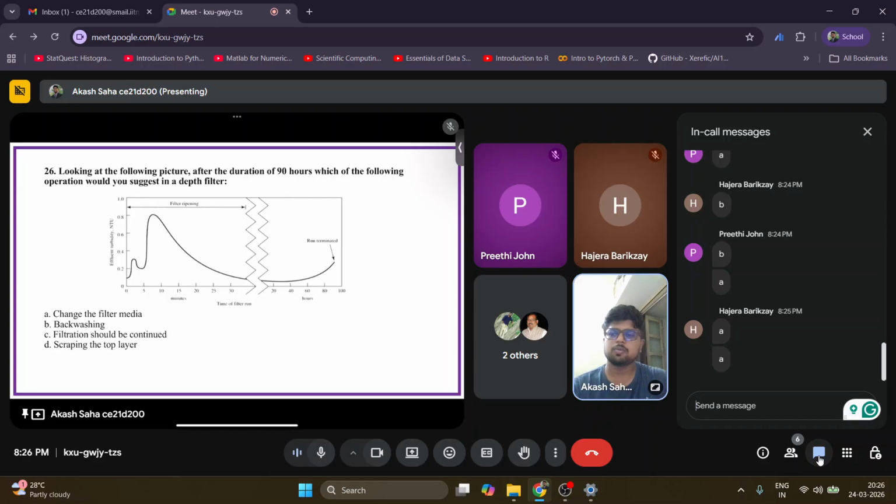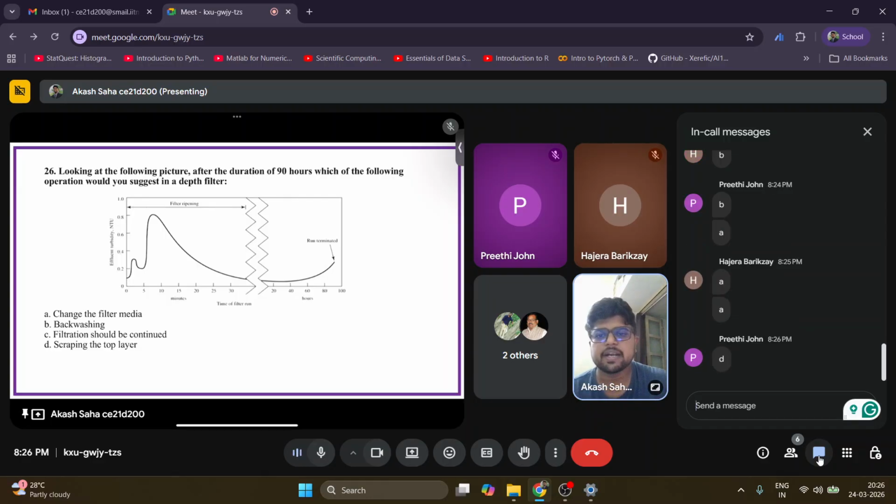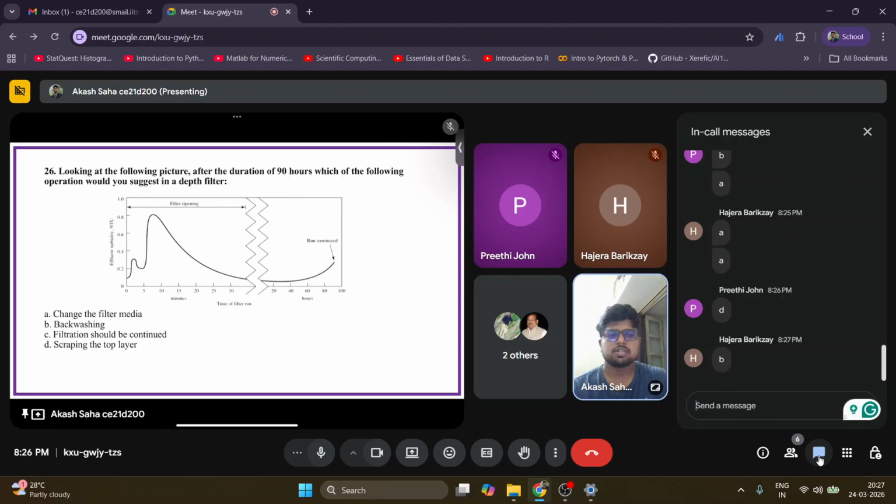Here the correct answer is: after 90 hours, the run has to be terminated because the effluent turbidity has increased. So we have to go for backwash. Not scraping the top layer directly, we will first go for the backwash.